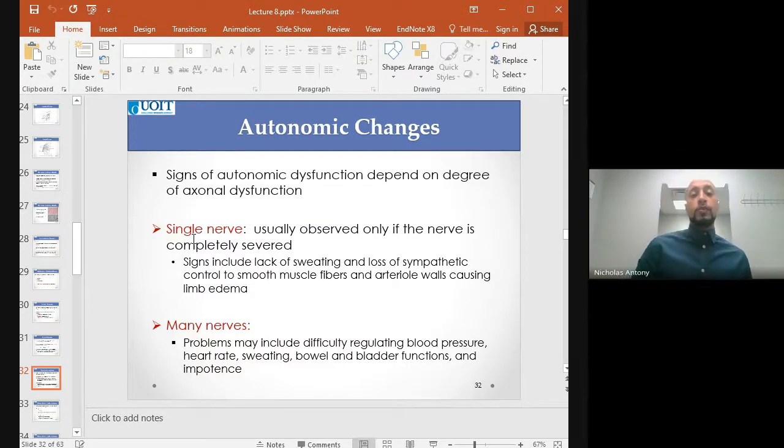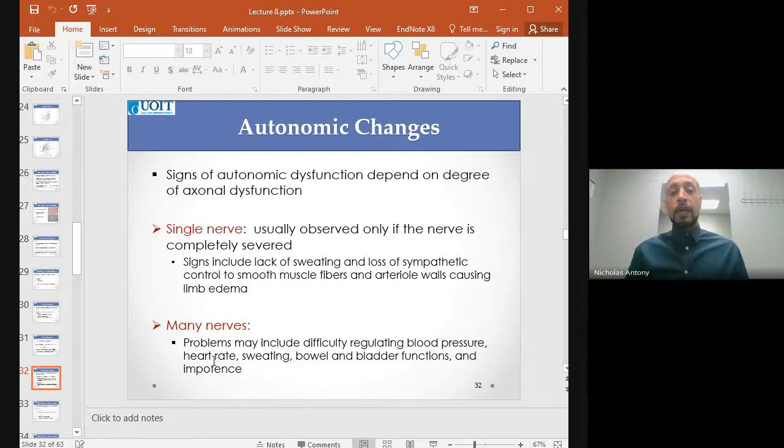If we have damage to a single peripheral nerve, it is usually when it is significant, when it is completely severed. What we would see would be a loss of sweating or sympathetic control of the smooth muscle fibers in that area. And we couldn't get edema.